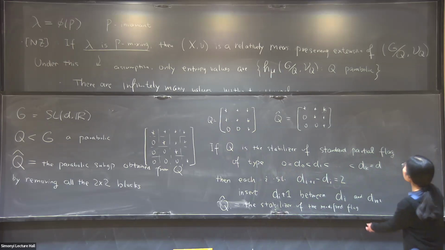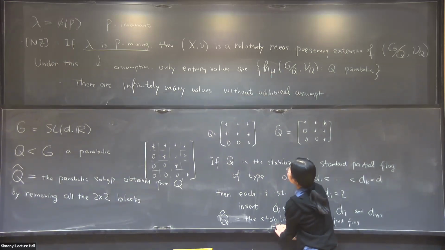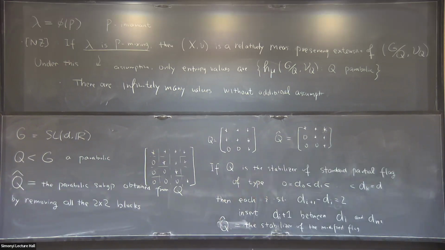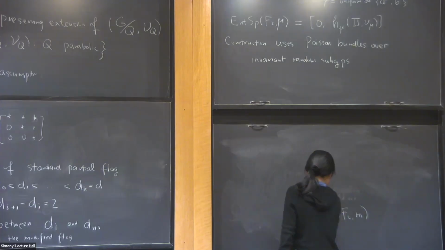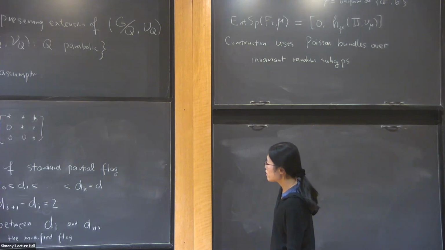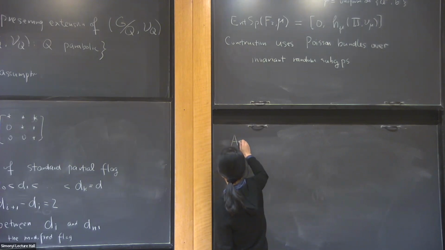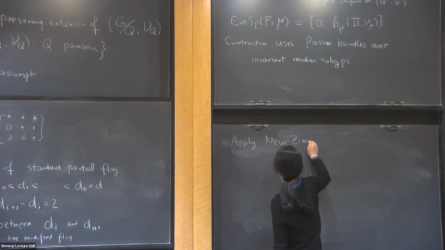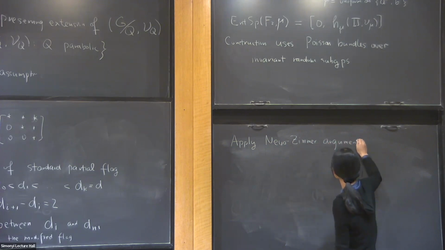Makes sense? Okay, so for the statement, I can first explain what you see if you apply a Nevo-Zimmer argument. We can see the following.